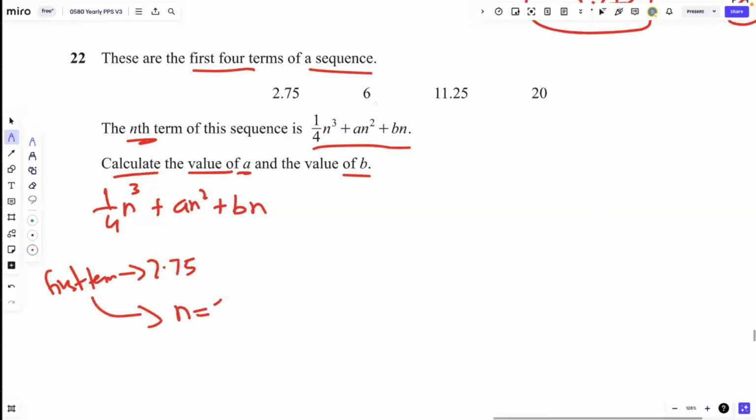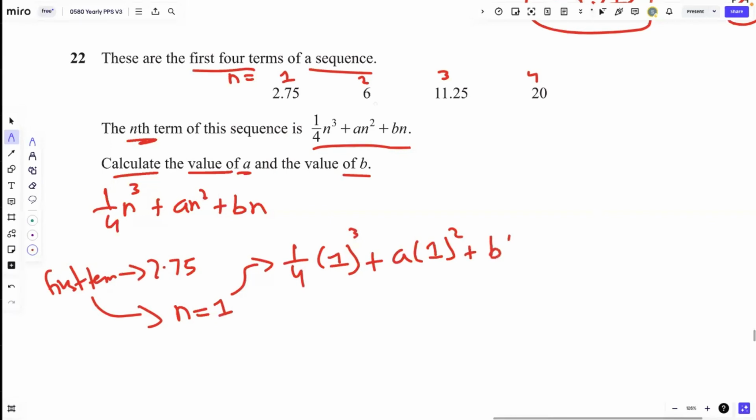When you plug n as 1, because if we take the n index, it's going to be 1 here, 2 here, 3 here, and 4 here. So n is 1 for the first term. So let's just plug n as 1 here. A times 1 square, and that's going to be b times 1.